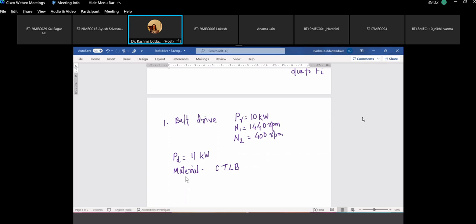Then the belt joint that we selected. What joint we selected for the belt? Wire laced by machine, which gives an efficiency of 90%, giving the final strength of material as how much? 3.15 MPa.